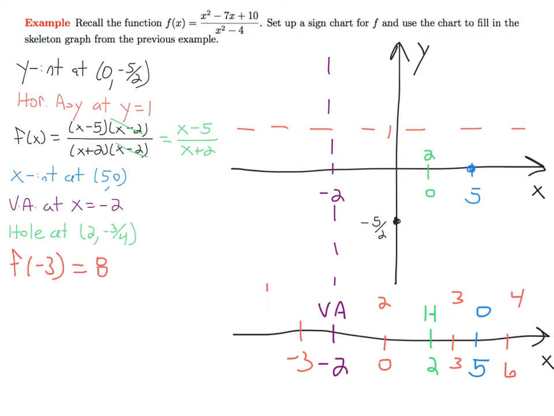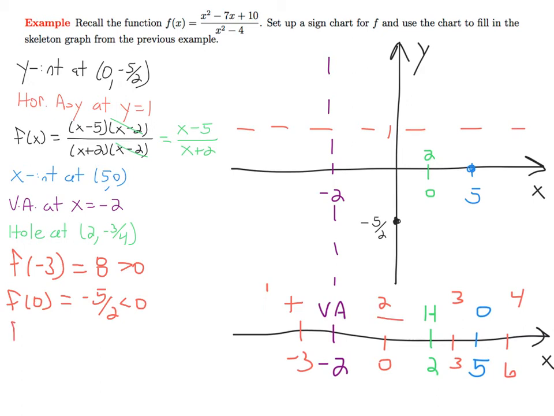So that means the function is positive for all of these x values below minus 2. And for the other test values, f of 0, which is in between minus 2 and 2, well, that's where the y-intercept is, and we know that is minus 5/2. So that's less than 0. So we put a negative sign above that test value.